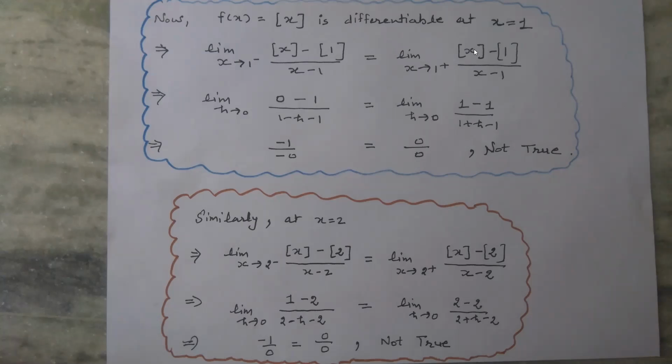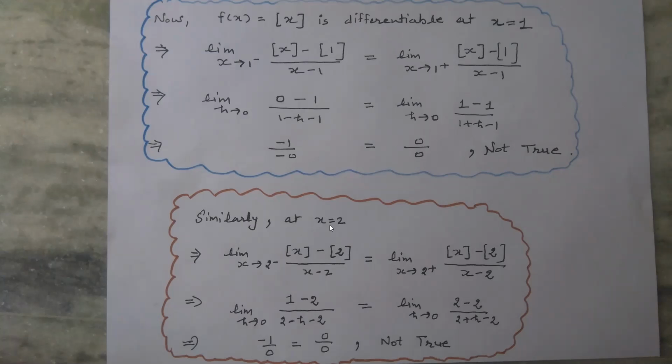On the right-hand side, the greatest integer function limit at x equal to 1 is 1. So 1 minus 1, this numerator is 0, and the denominator is only h. Put h equal to 0. So 1 upon minus 0 versus 0 upon something. These two terms are not equal. So we say that the given function is not differentiable at x equal to 1.